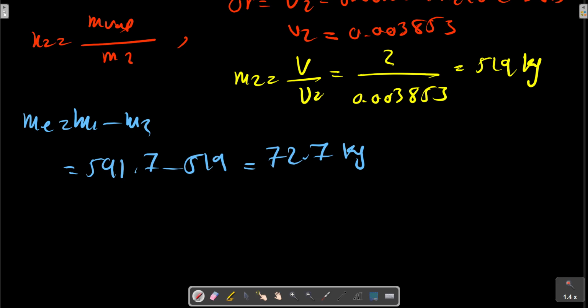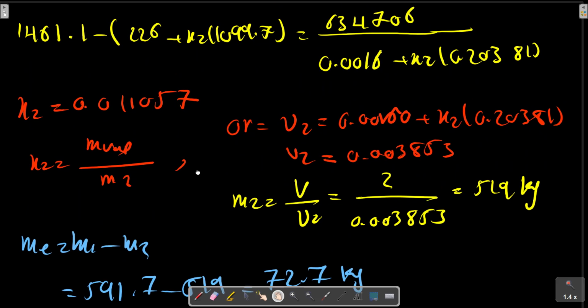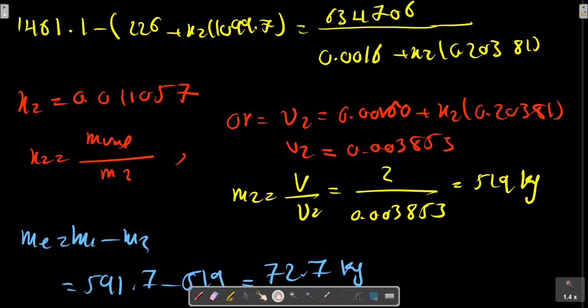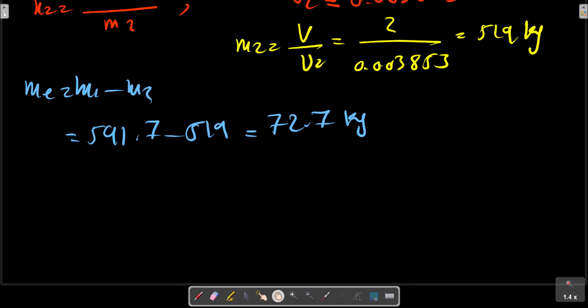So we obtained the mass for the vapor in state 2. The note is about calculating the quality at point 2 with the energy equation simplification. This is the end of this problem.